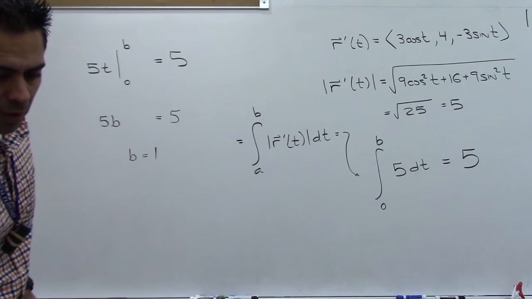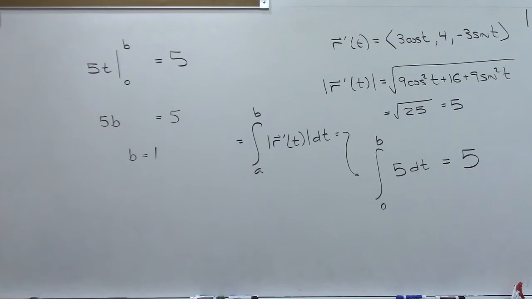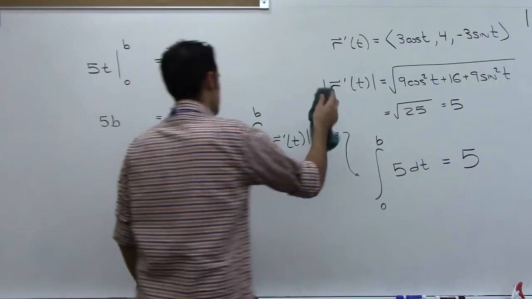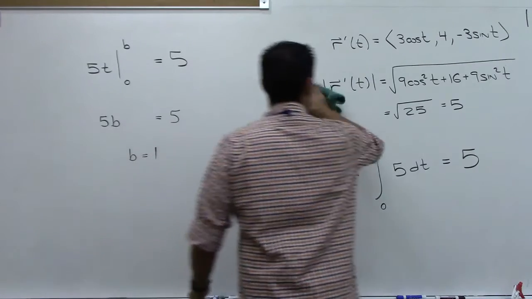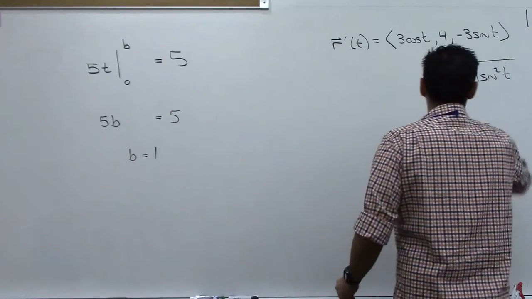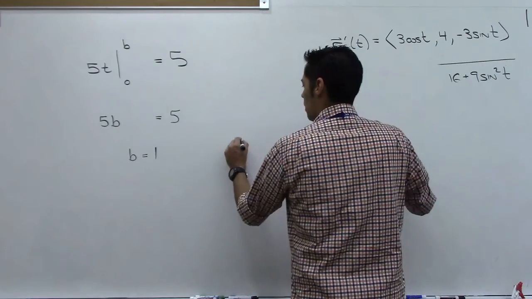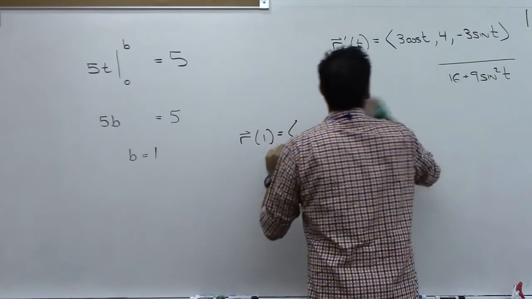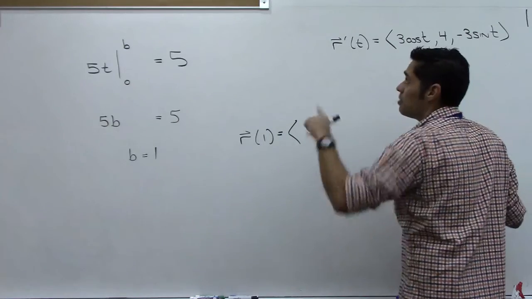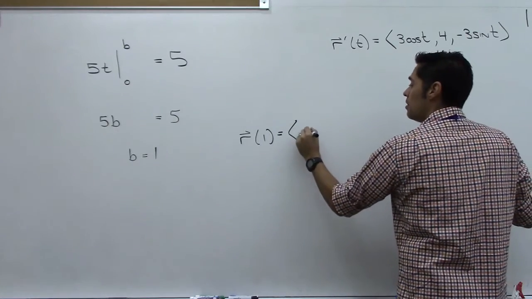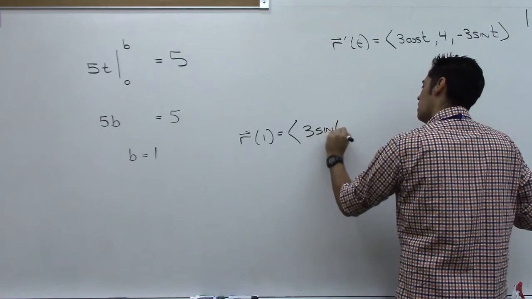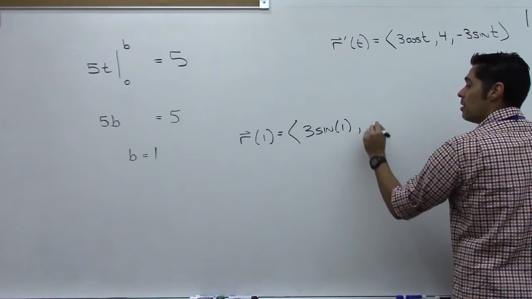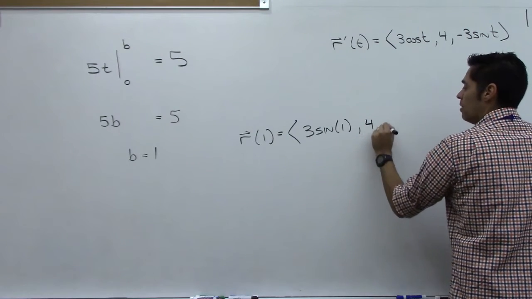But the question is, where are you now? So we need to go back and plug b into the parametric equations, or into the r function, not the derivative, but the original one. I want to know what r of 1 is. The original function was 3 sine t, so it's 3 sine of 1. Then it was 4t, so 4 times 1 is 4.